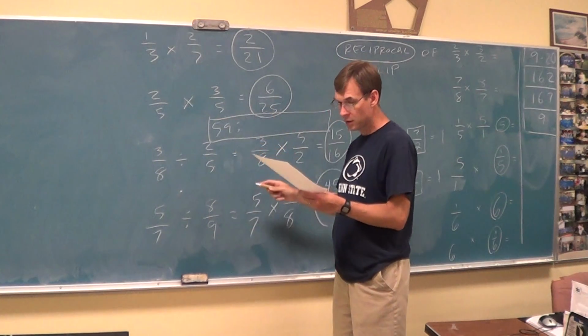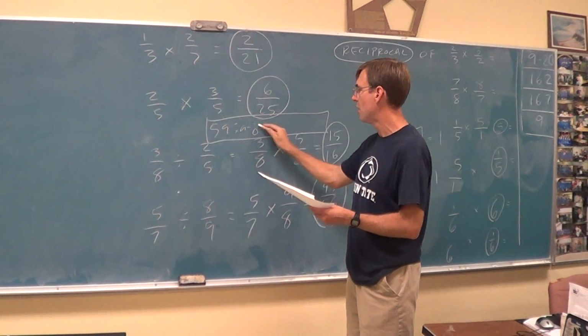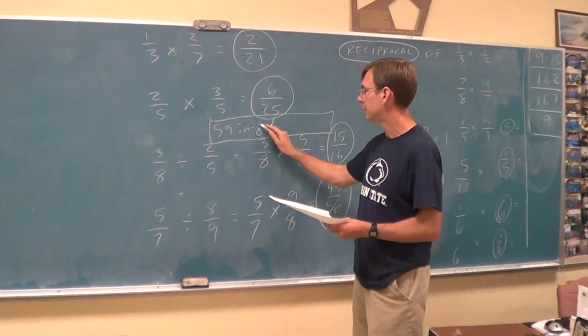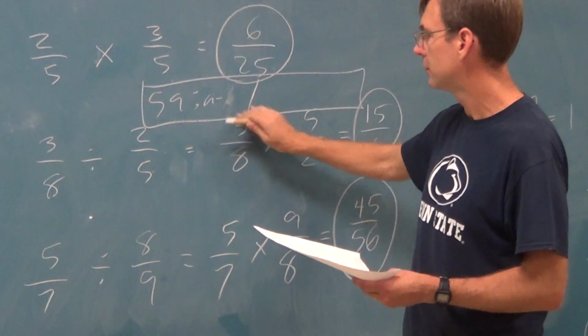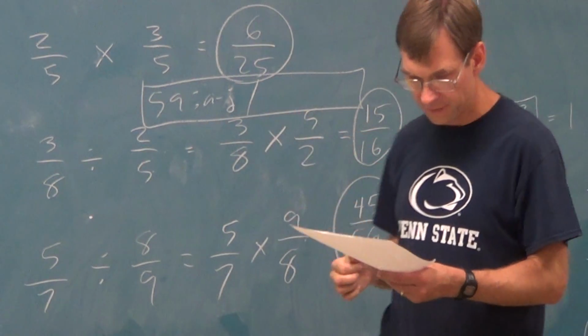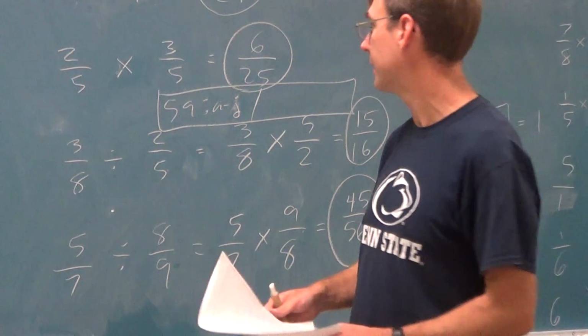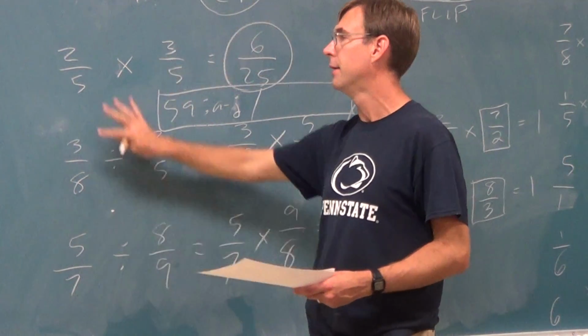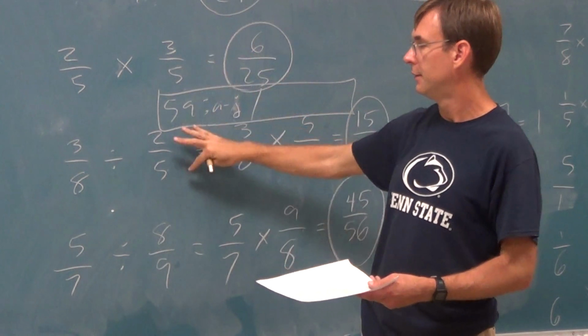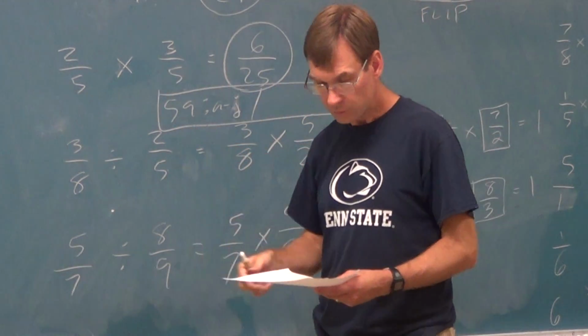Just work the letters on 59. That's going to go from A to J. So A to J on 59. That's going to be based on multiplying and dividing. That's like the first column of what we did. Multiply it straight across. Dividing, you flip the second.